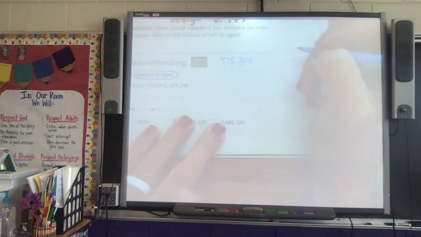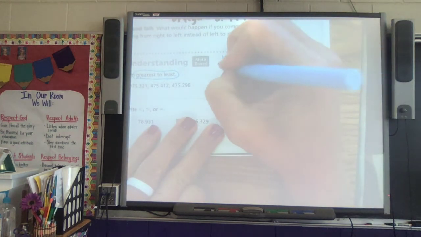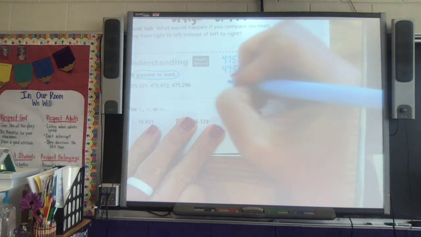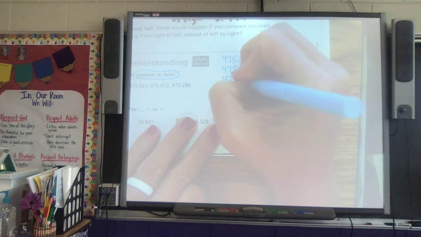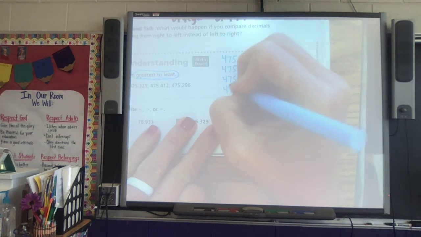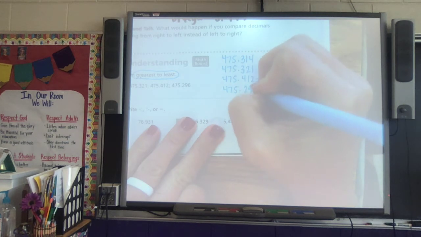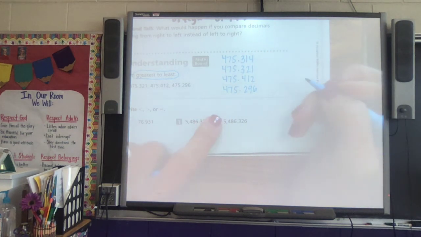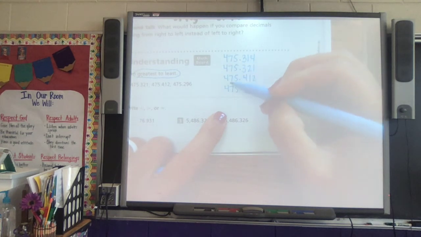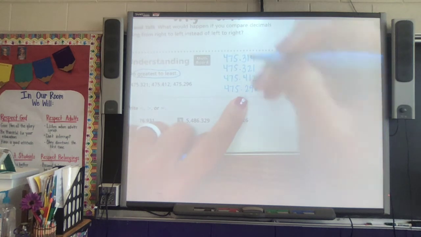I think that'll be helpful for you too. 475 and 412 thousandths. 475 and 296 thousandths. Alright, we want to know them greatest to least. They are all the whole number 475. I'm not even looking at the whole numbers. I will only be looking at my decimals.